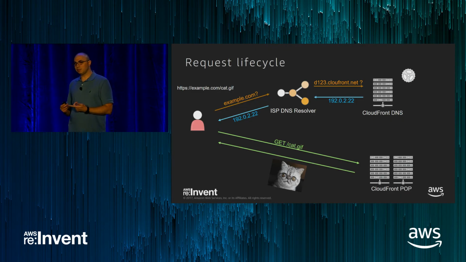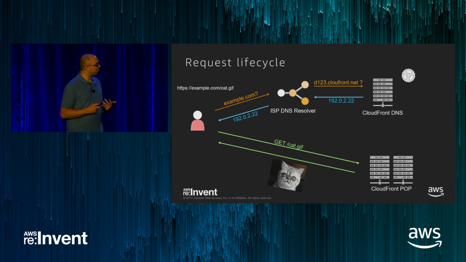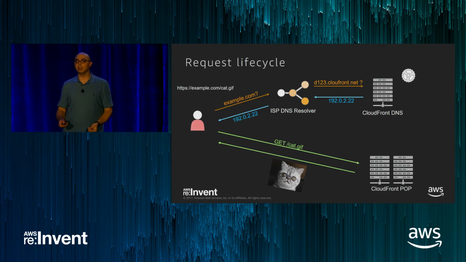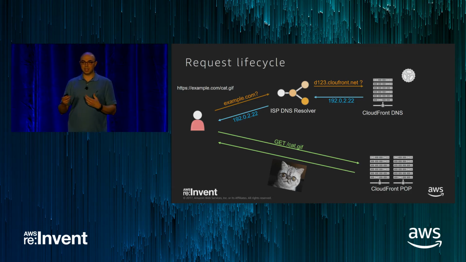There is something called ECS that some resolvers like OpenDNS and Google DNS use, but that's not prevalent across ISPs because it's much more expensive for them to provide. So what we typically get for most requests is a resolver IP address and a domain. But if you remember, the data we have is by viewer networks, right? So that's not really the same thing.